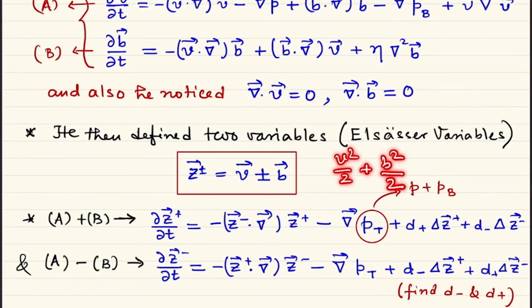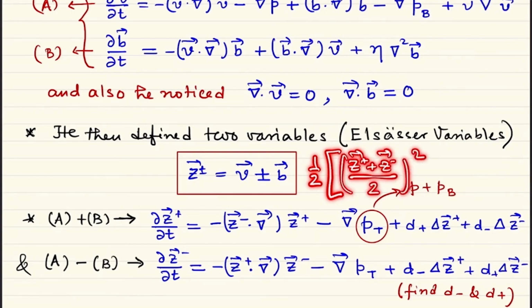And then what will be this in terms of the Elsasser variables? Well, can you write that? So v square plus b square by 2. So simply it will be half v square plus b square, and v square is nothing but z plus plus z minus by 2 whole square plus z plus minus z minus by 2 whole square.